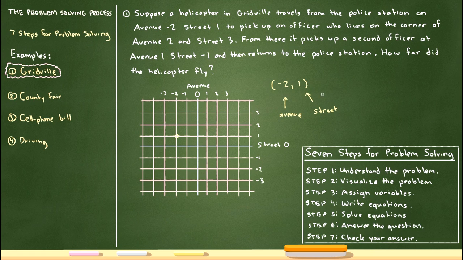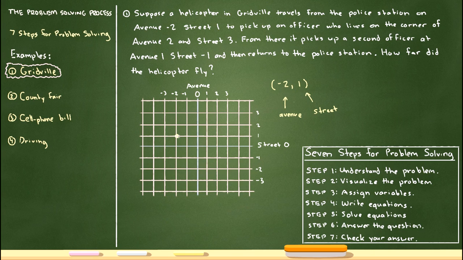So you see, even me, when I do this problem, there may be things that I want to switch up and do a little bit differently, just as long as you have an understanding of what's happening. So we're on avenue -2, so that means move left 2 from the origin and up 1. Okay, so this notation is a little nicer than what I just had, right? This is more consistent with the Cartesian plane. Okay, so I'm going to do it like this.